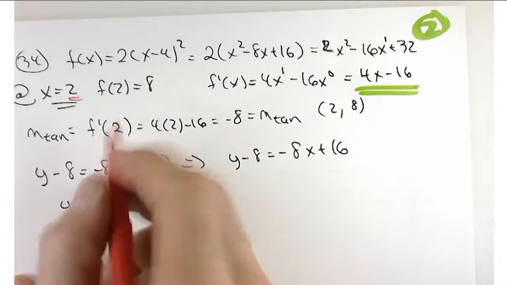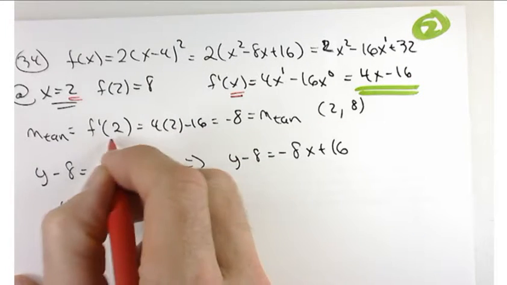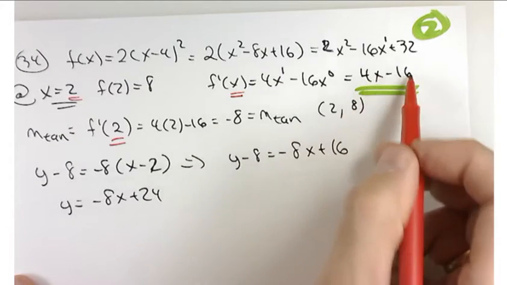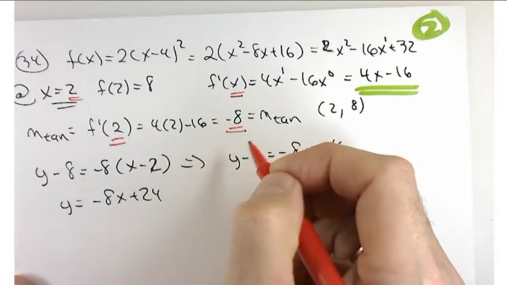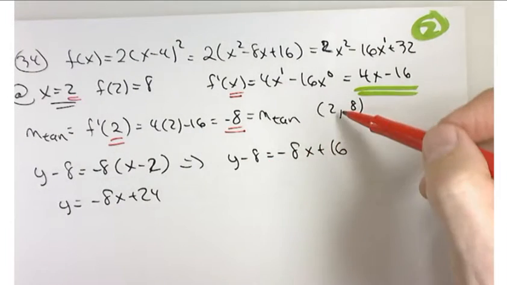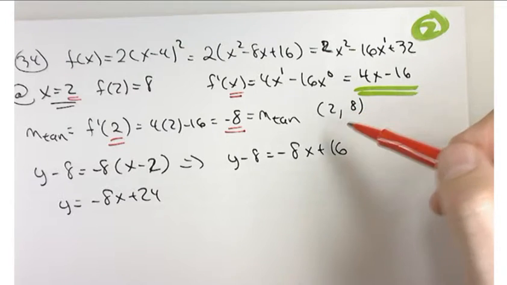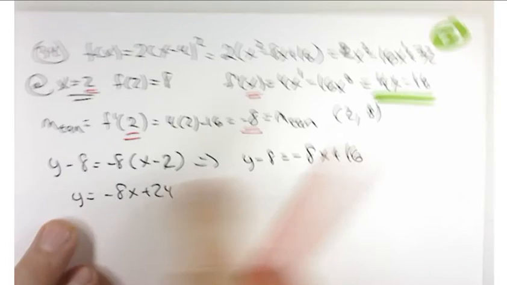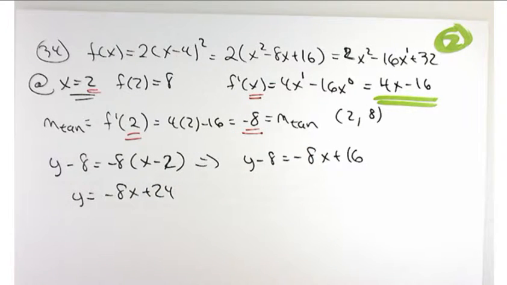So if we put in a 2 into here, it's 4 times 2 is 8, minus 16 is negative 8. So that's the slope of the tangent line. We put that together with the point, 2 and 8, and then we're able to find our equation. So does that help out? Okay, good. Appreciate the question.